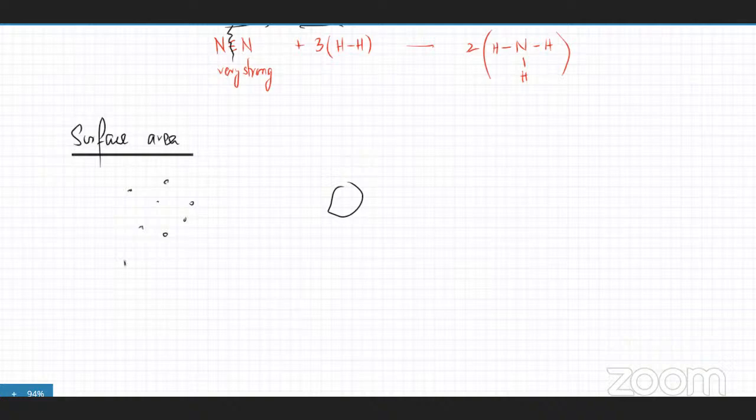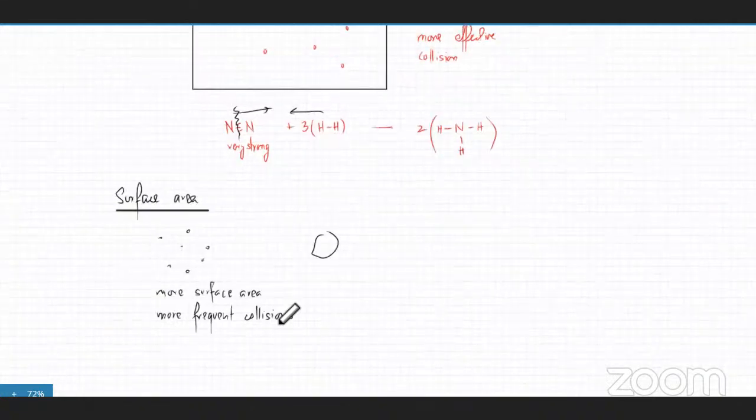So you've got more surface area, and now if you have more surface area, then obviously you're going to have more frequent collisions. Is that clear? Yes.